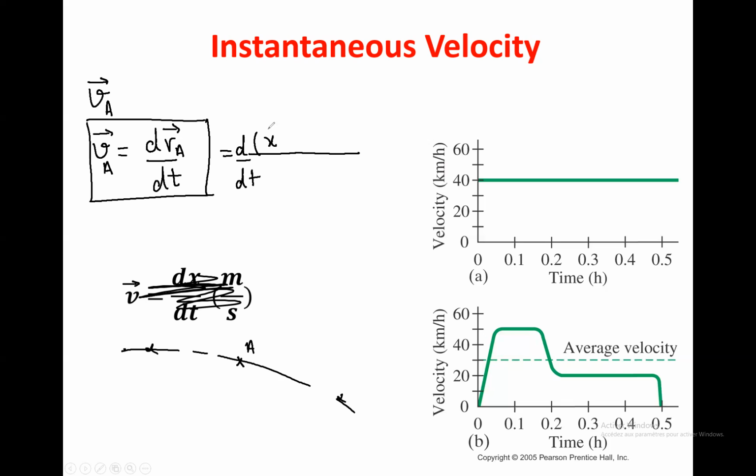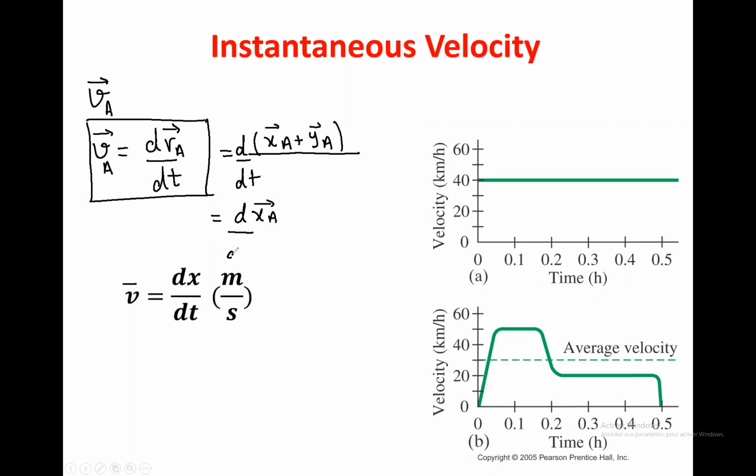RA, we know that equals XA plus YA. We can erase this one. Equals dxA over delta t plus dy, the y component, over delta t.